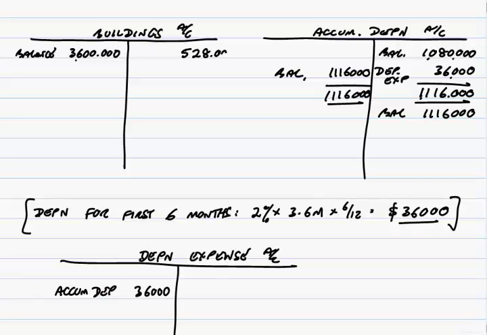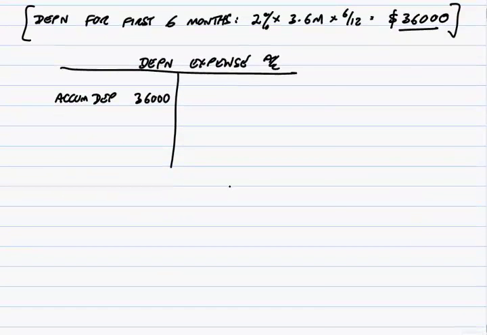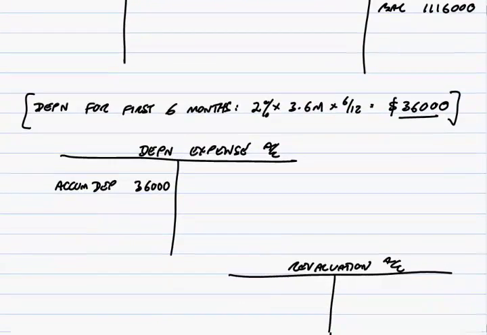If we credit with 528,000, we'll end up with the revalued amount. We need a double entry, clearly. The double entry will put the difference to a revaluation account. So we'll credit the buildings, debit a revaluation account, with what was it? 528,000.